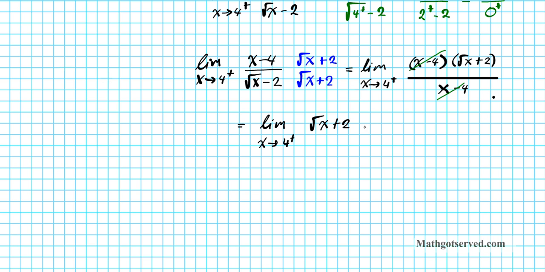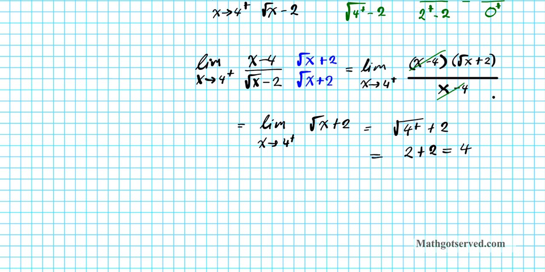And then if you plug in 4, you're going to have the square root of 4 plus 2, which equals 2 plus 2, and the final answer is 4.